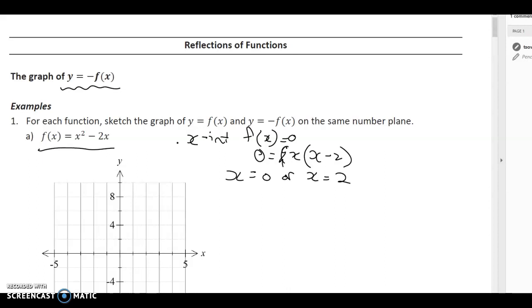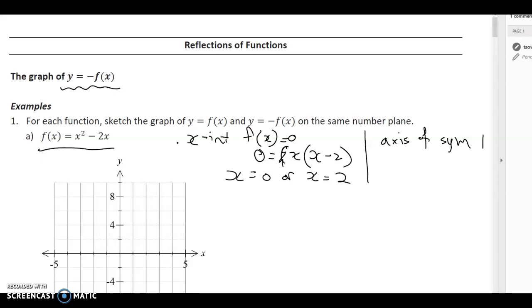If that's the case, then the axis of symmetry is going to be at 1. You could just find the halfway between those two points. We're at 1.